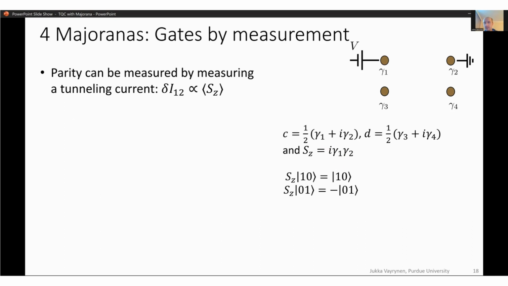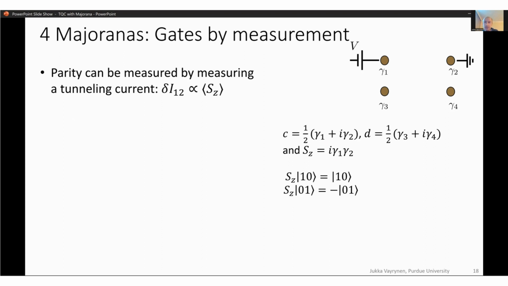Basically, electrons will tunnel to gamma 1 and tunnel out from gamma 2, and this tunneling amplitude contains a piece that has this operator I gamma 1 gamma 2 in it. So this allows you in principle to measure this sigma Z operator by measuring tunneling current.